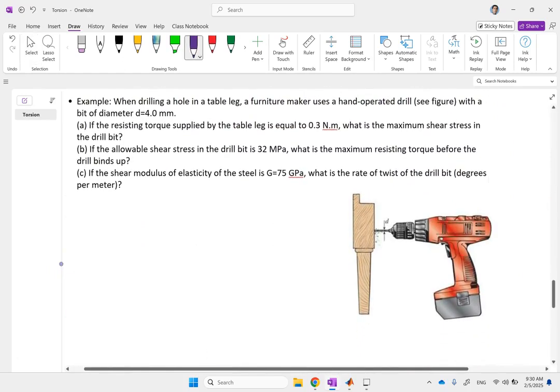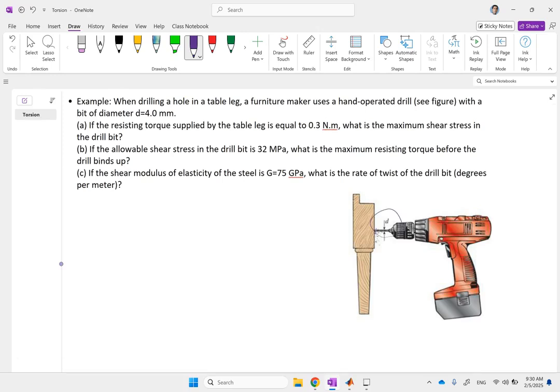So here we are drilling into a block of wood or block of metal or something, and you probably experienced that if you work with drills, especially if you are applying a lot of force to drill, you see at some point the drill bit stops spinning. While the motor is applying a lot of torque and wants to move forward, the drill stops, and for motors we call it stall.